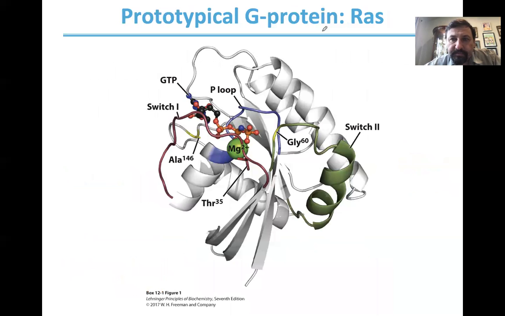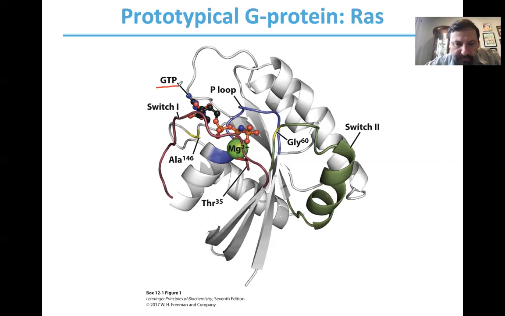Here there is an X-ray structure. It's a co-crystal, so there's a magnesium in there. And then there is a molecule of GTP, but this is not exactly GTP.